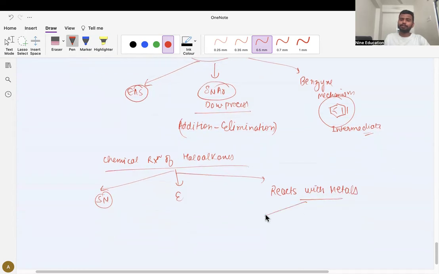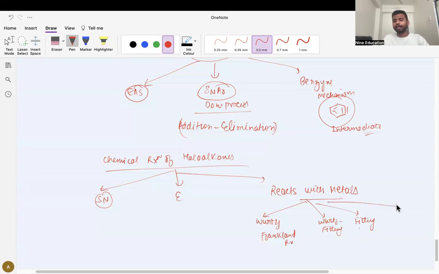First was Wurtz reaction, similarly Frankland reaction, next Wurtz-Fittig, simple Fittig if you have alkyl.